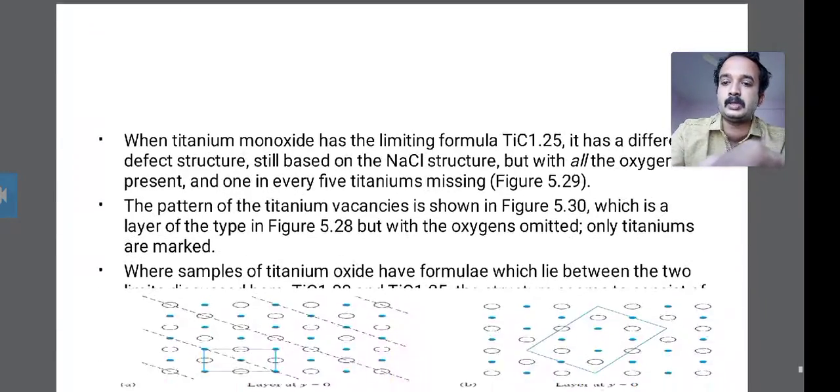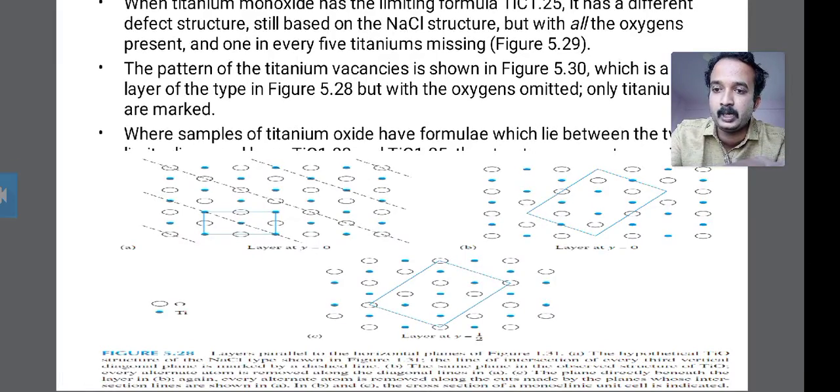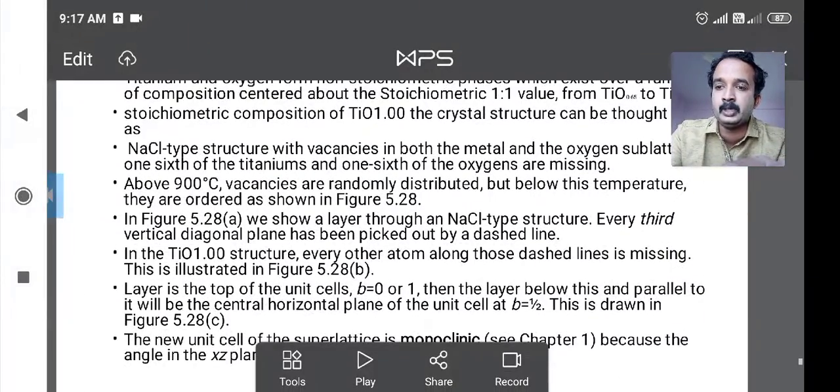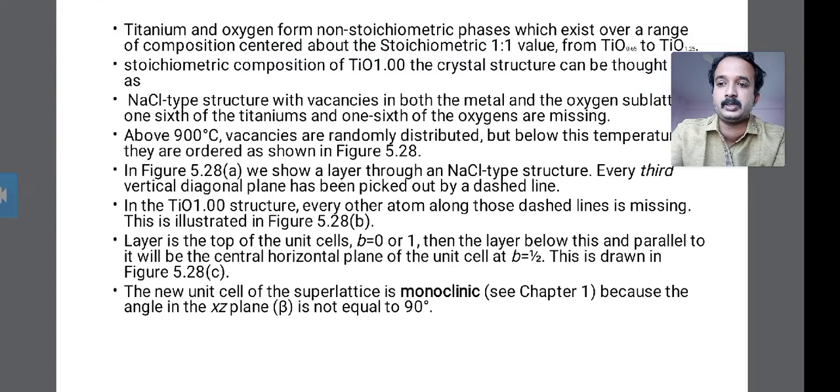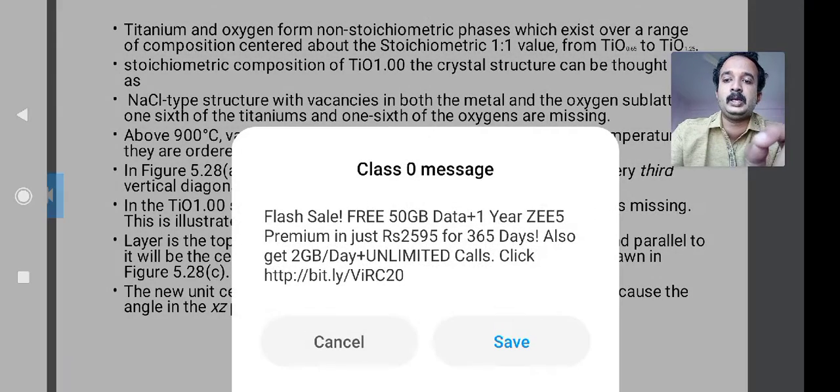Look at diagram a. This diagram shows the layer through an NaCl type structure, where every third vertical diagonal plane has been picked out by the dash line.